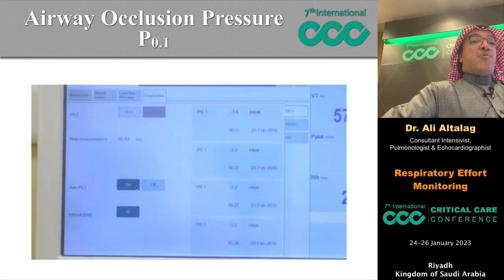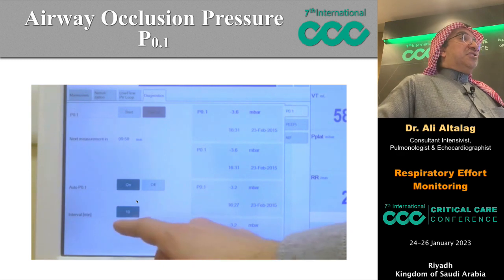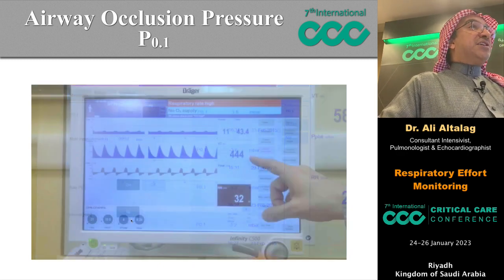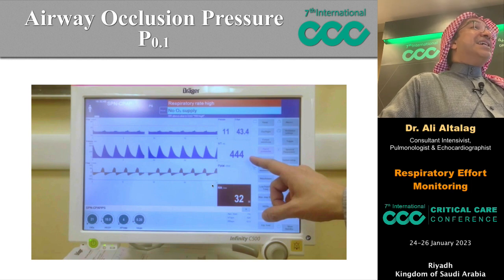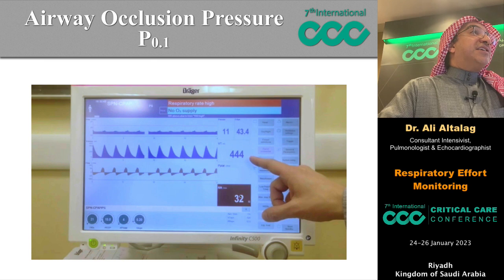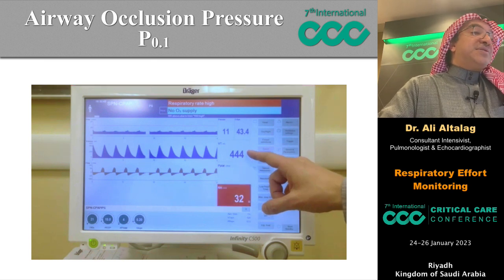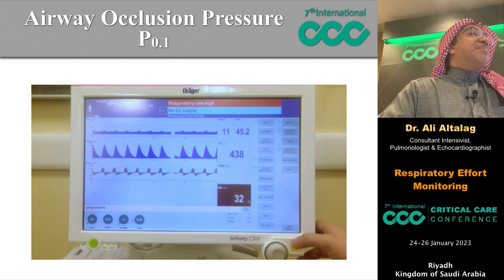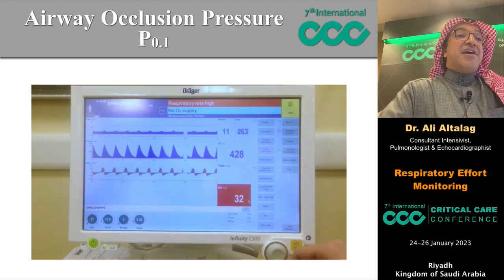So now going to the same patient immediately, by decreasing the amount of support you are giving to your patient from 10 to 4. This will result in decreased tidal volume, of course, because you decrease the amount of support, and will increase the RR.